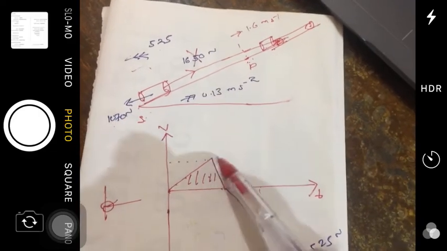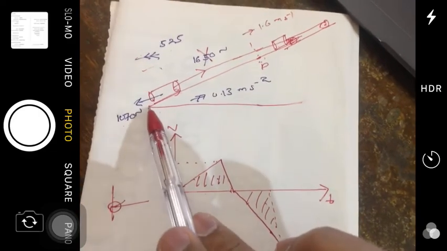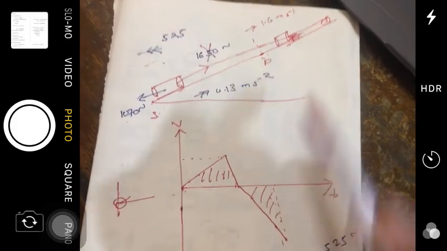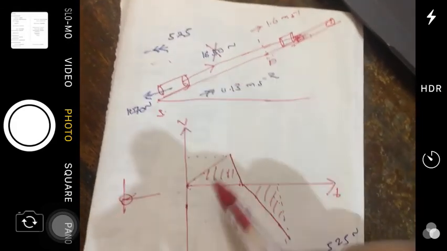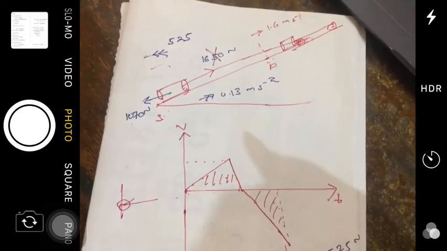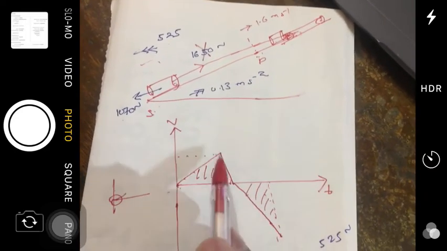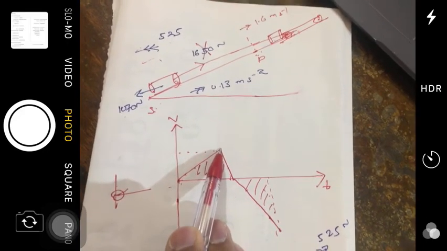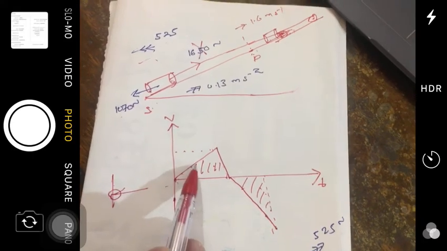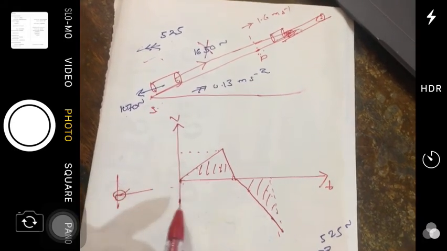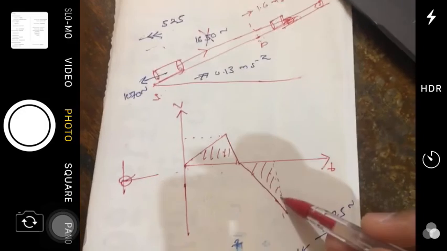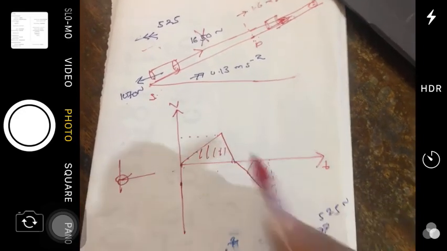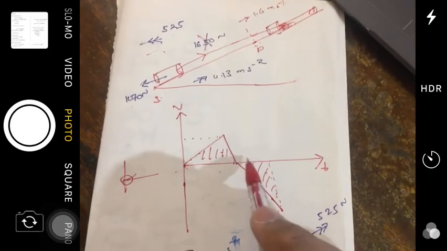So this area here corresponds to the maximum height, and this area here corresponds from the maximum height to S. So both of those areas should be equal. Now this velocity was reached with 0.13 meters per second square, so it took a long time. Now this acceleration is going to be greater than that, so it would take comparatively less time.